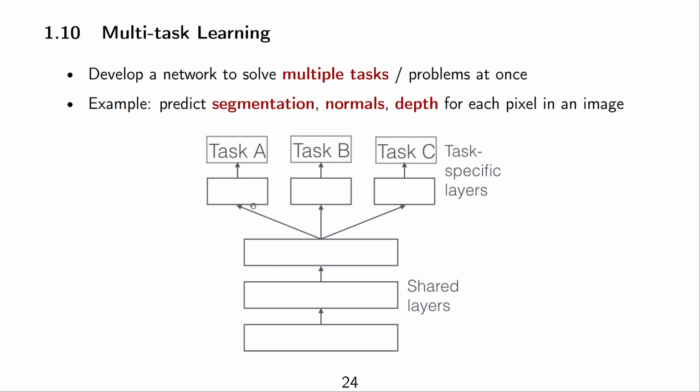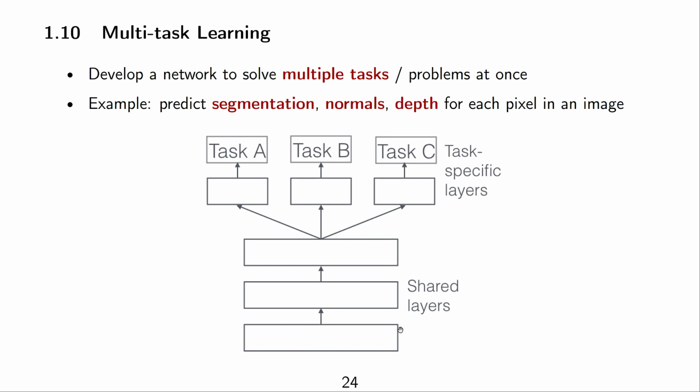The same is true for these other task-specific layers. What we hope to achieve is that by extracting features that are useful not only for one task, but for multiple tasks, these shared layers would regularize the network, and it would improve overall performance.